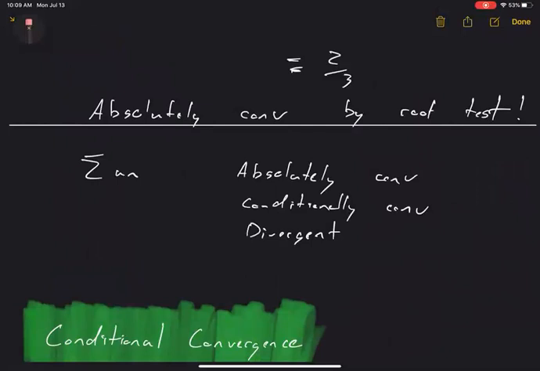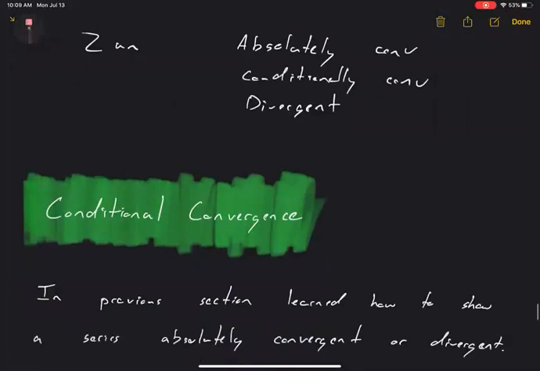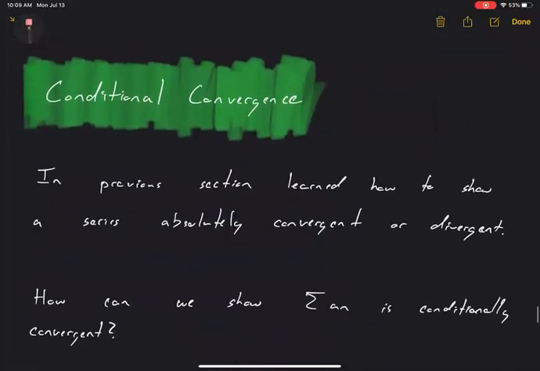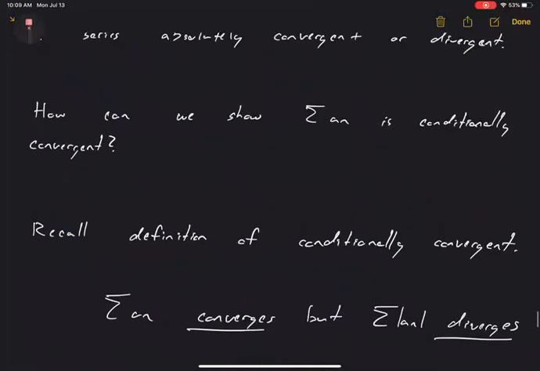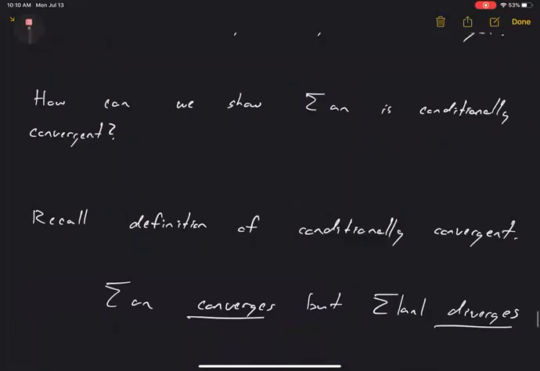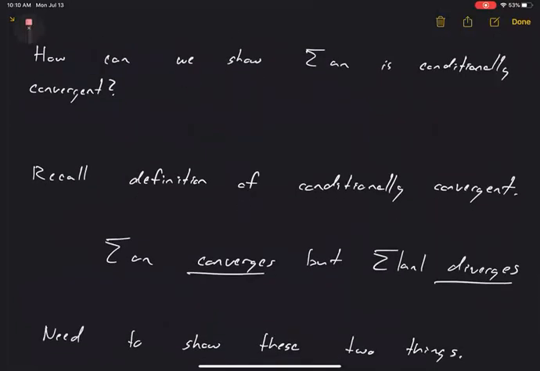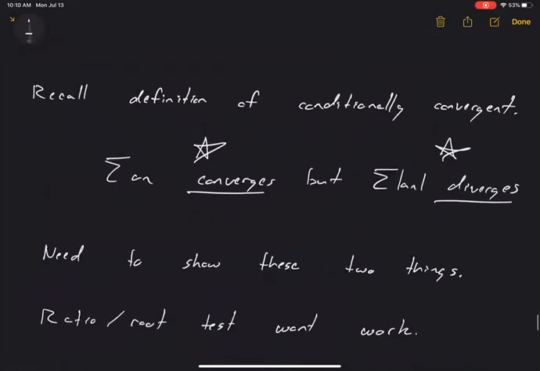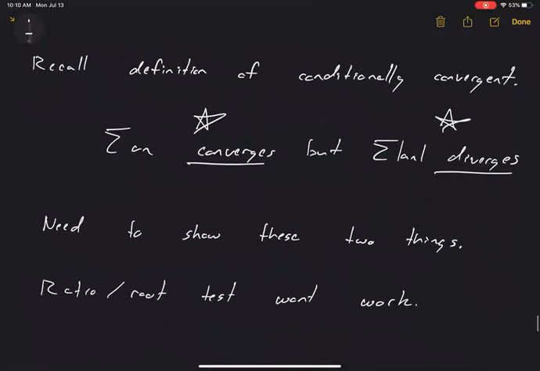So how do we check if something's conditionally convergent or not? First of all, let's recall the definition of conditionally convergent. We say something's conditionally convergent if the original series converges, but the series of absolute values diverges. So to show something's conditionally convergent, we need to prove these two things: that the original series converges and that the absolute values diverge.